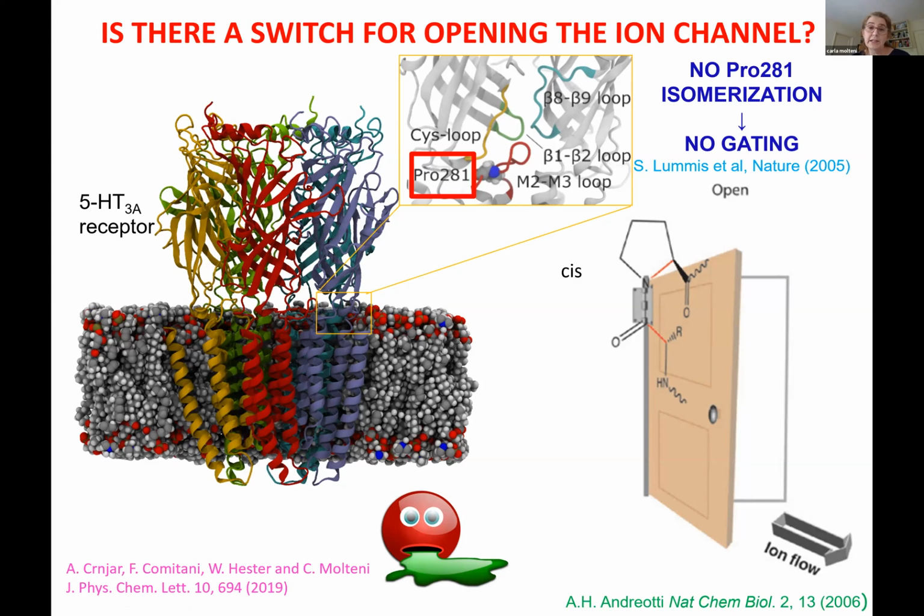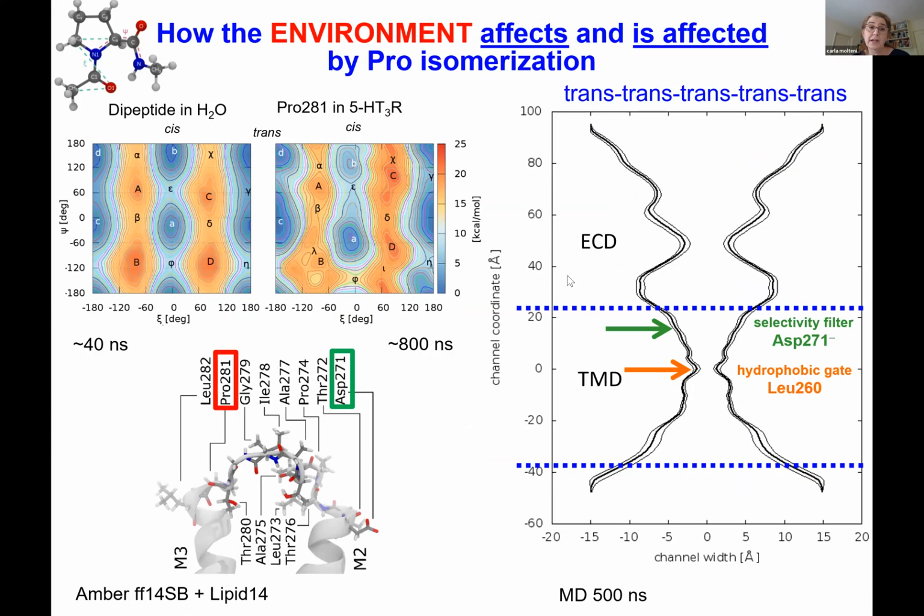At the beginning, we could just study the switch, a proline dipeptide in water, that is a very small system. We studied it with metadynamics and considering various mutations and so on. But we are now in a position to study what happens in the whole receptor and how this energy landscape is changed by the environment, but also how this potential switch, which is still quite controversial, affects the receptor itself.